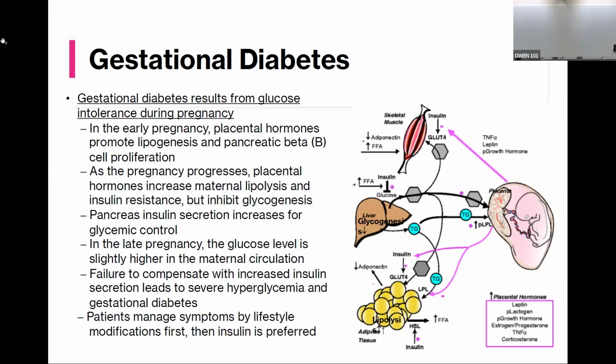And the placenta also produces growth hormones and so on that induce the replication and production of beta cells, right? You produce more insulin, but at the same time, insulin sensitivity drops.